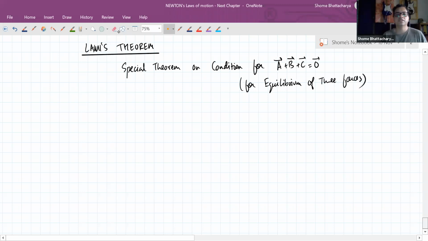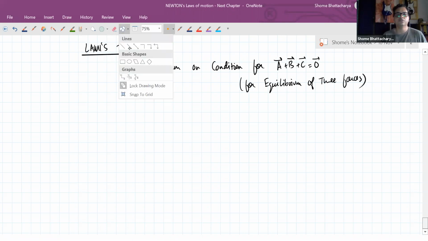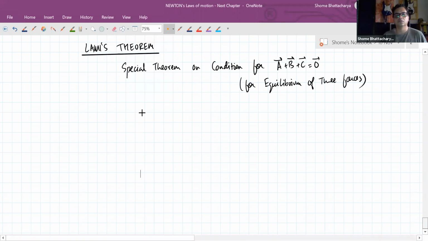Okay, so the statement of that theorem is like this, that if your three forces or your three vectors, they need not be forces, and there's no necessity that two of them have to be perpendicular or anything. Okay, they are some arbitrary coplanar vectors.